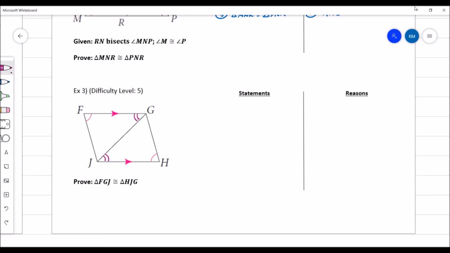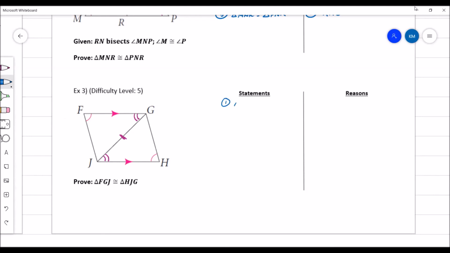And now as I look at these two triangles, FGJ and HJG, they both have this side GJ. And so I'm going to say those are equal. And I have angle, angle, side, because the side is a non-included side. And so that should be enough for me to say the two triangles are congruent. So now I'm going to go through and write my proof.